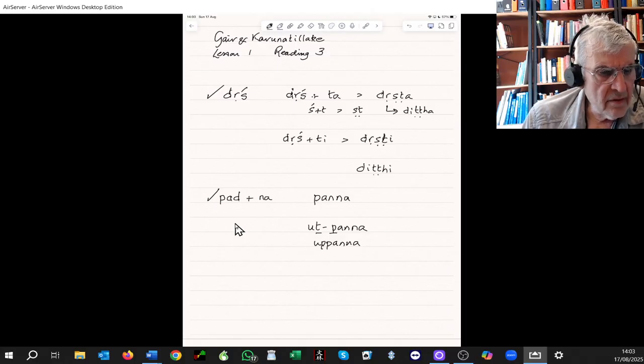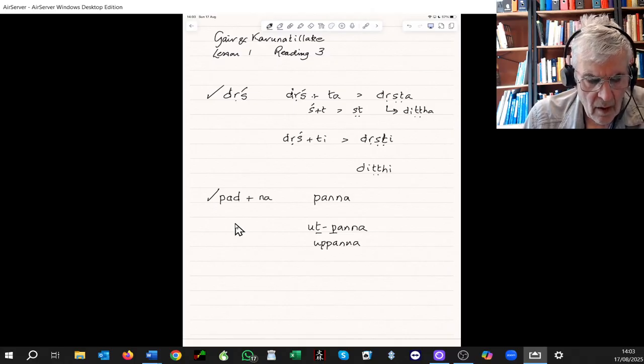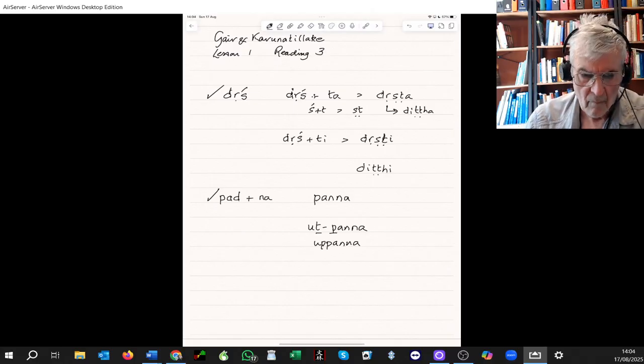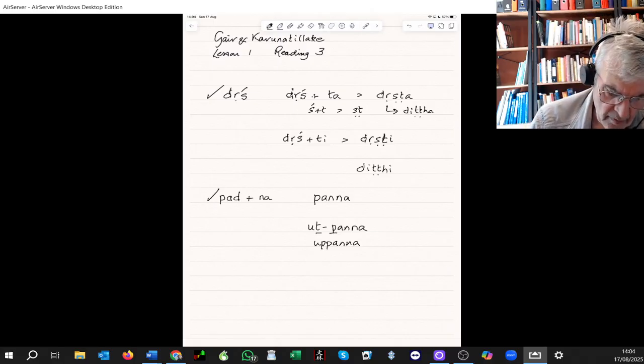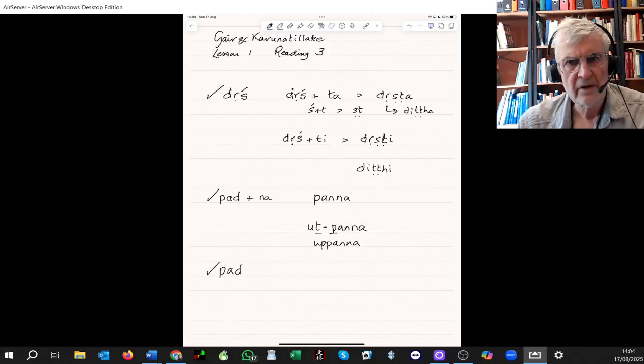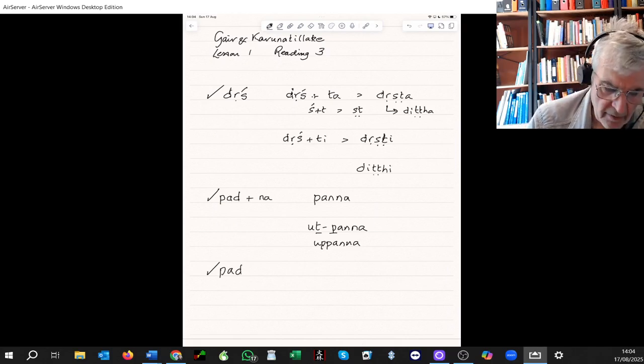You see the verb here uppajjanti, which I shall explain. So we've been looking at the conjugation of verbs. So from this root pad, you might have expected, if it were a class 1 verb, to see, and I'm putting an asterisk here to show a form that does not exist.